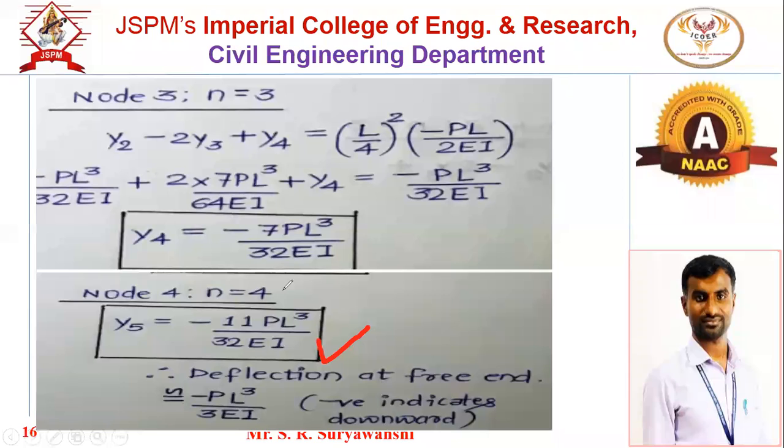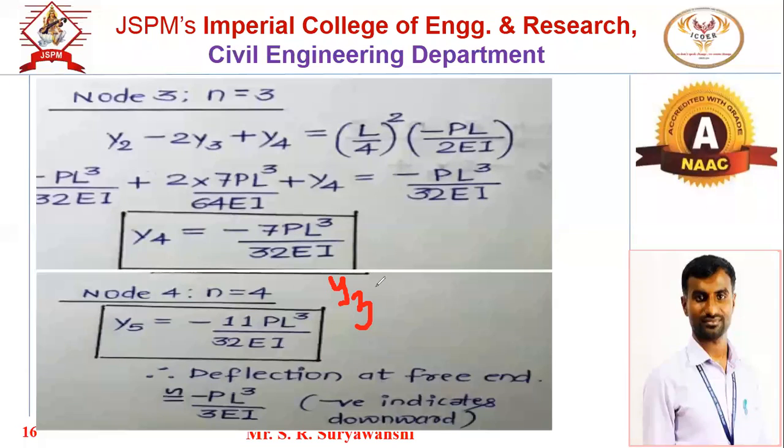Now tell me, if you consider n is equal to 4, what is the central difference equation, left hand side term? What will it be? n is equal to 4, what is the equation? Yes, first will be y n minus 1, that is y3.